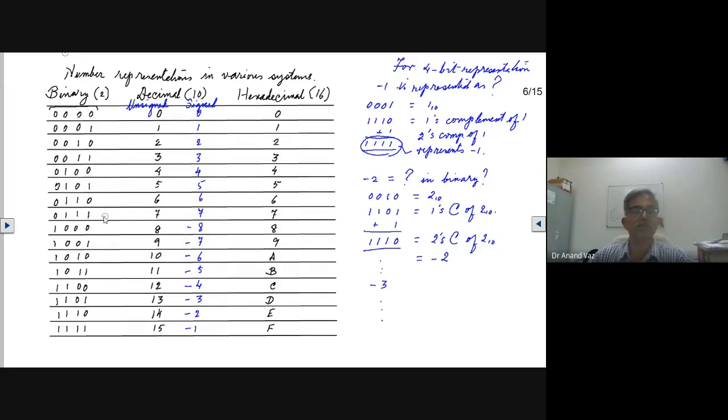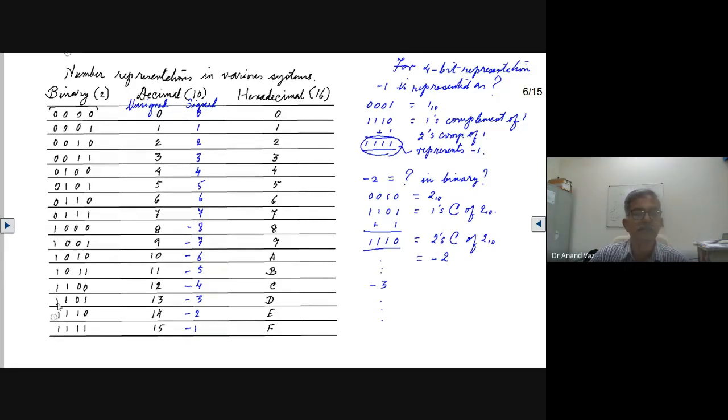One important aspect of these negative numbers: how do you recognize whether a number is negative or not? If you see the binary representation of negative numbers, your negative numbers, minus 8 starts from here.